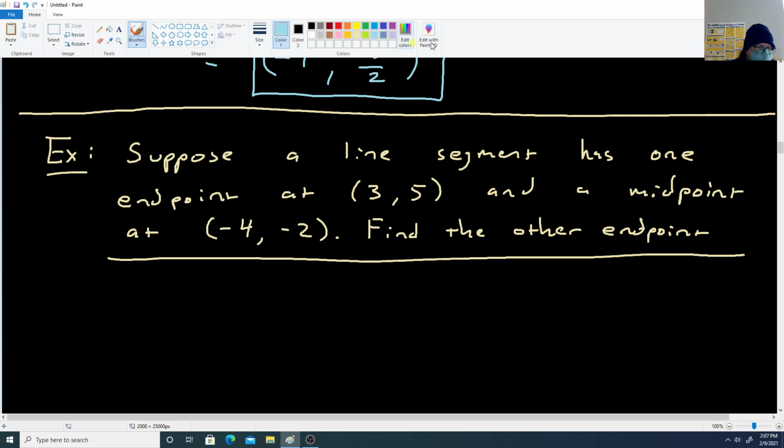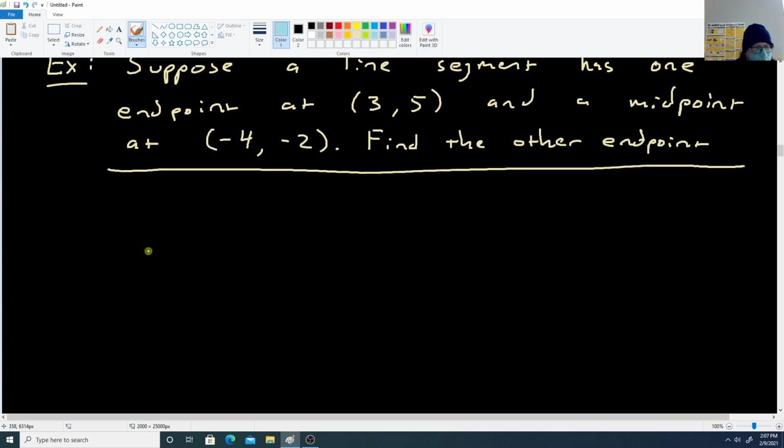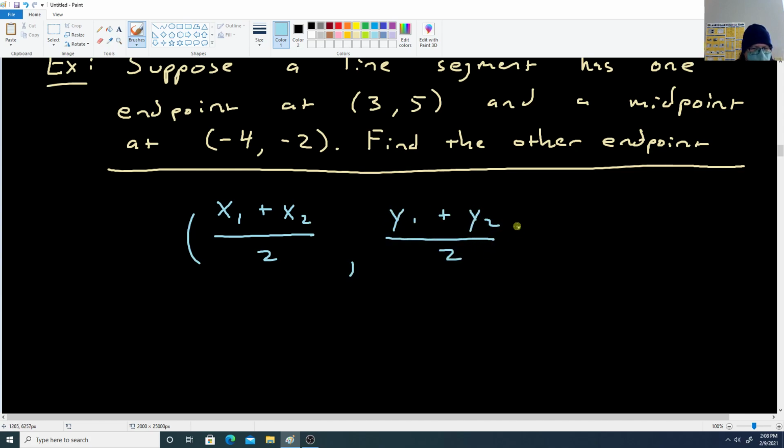Okay, so here's how we're going to do this. If we remember, our equation is x1 plus x2 over 2, y1 plus y2 over 2. This is the equation that tells us the midpoint. So we know one endpoint is at 3 and 5.